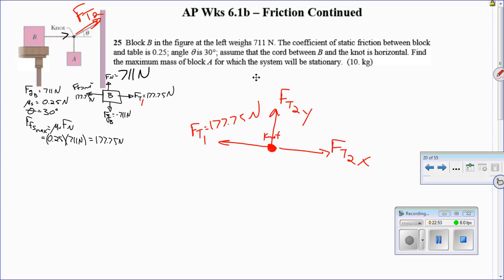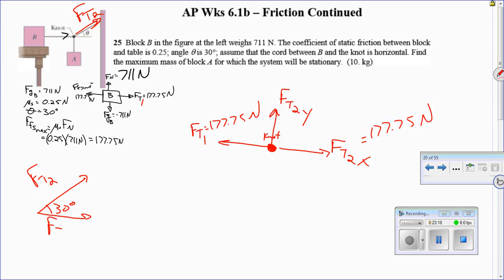What does the horizontal bit have to be? It's got to be 177.75 newtons, because that knot's not moving. And since I know this angle is 30 degrees, I can find my vertical bit. Here's my force of tension 2, here's my angle, 30 degrees.